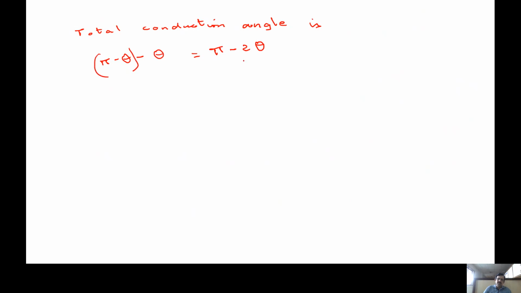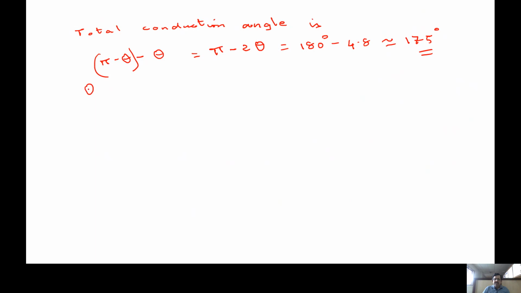So it is 180 degree minus 2.4, so I will assume it's 4.8, so nearly 175 degree. 175 degree is the total conduction angle. So out of 360 degrees, the conduction happens in nearly one half of the cycle.